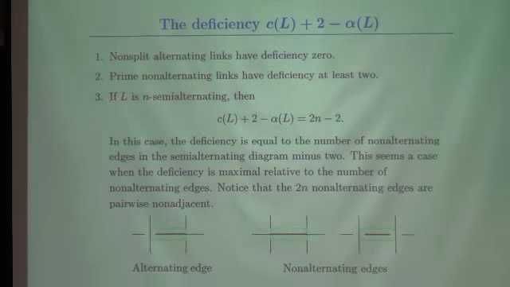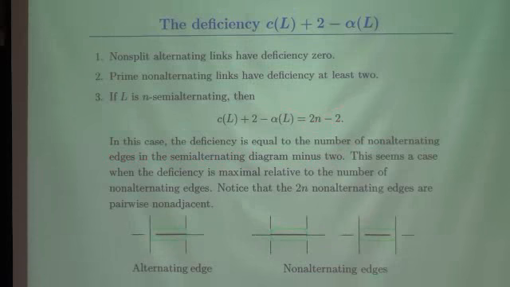And if L is n semi-alternating, then the deficiency is 2n minus 2. And in this case, the deficiency is equal to the number of non-alternating edges in the semi-alternating diagrams minus 2. The number of non-alternating edges in the n semi-alternating diagrams is equal to 2n.